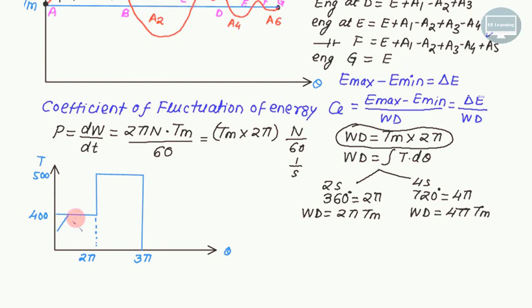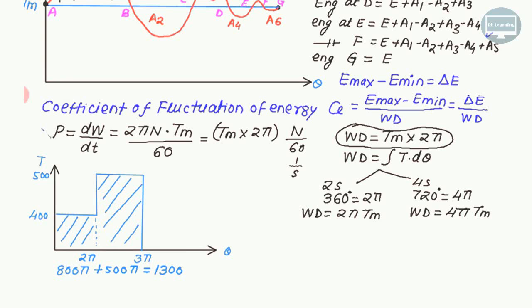The area under this diagram is 400 into 2 pi, which is 800 pi, plus this area, 500 into 1 pi, which is 500 pi. So what is the work done right now? It is 1300 pi.